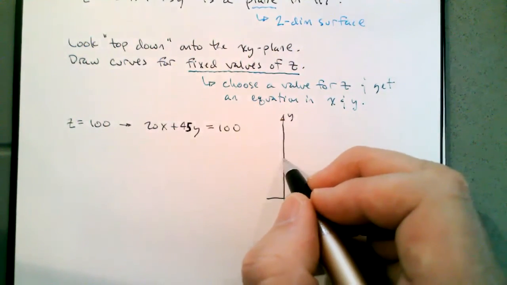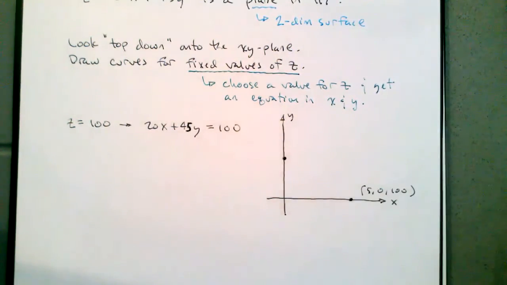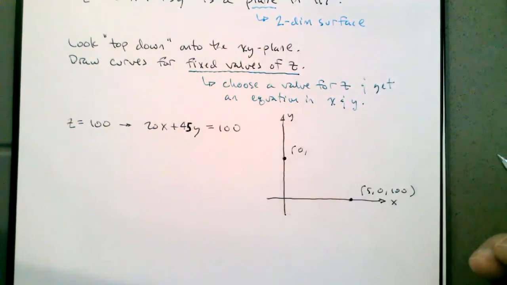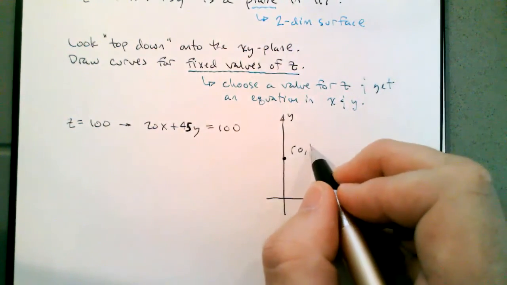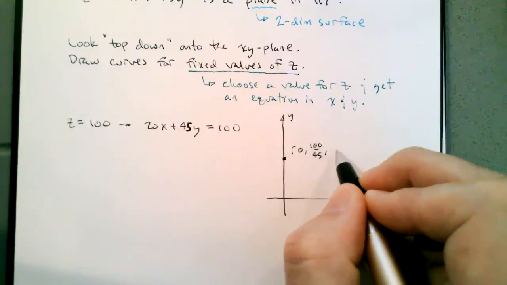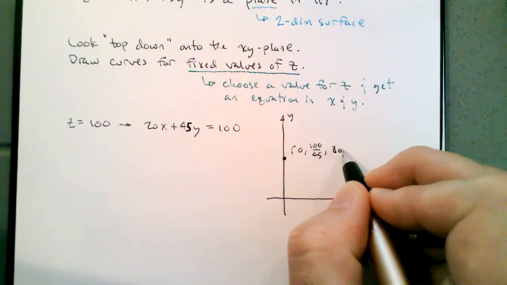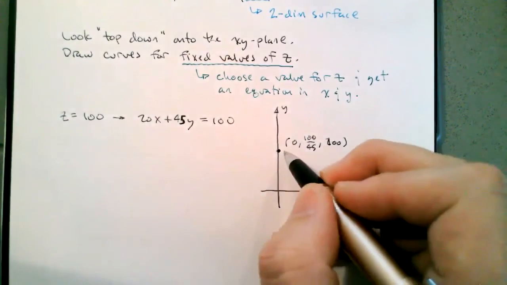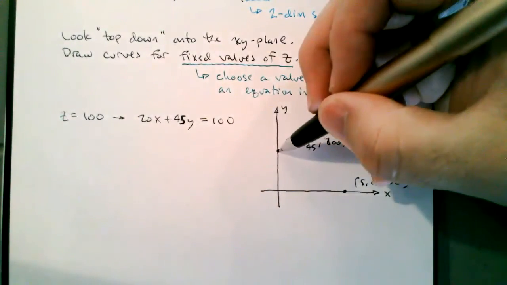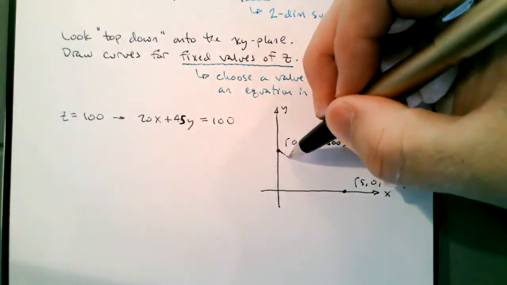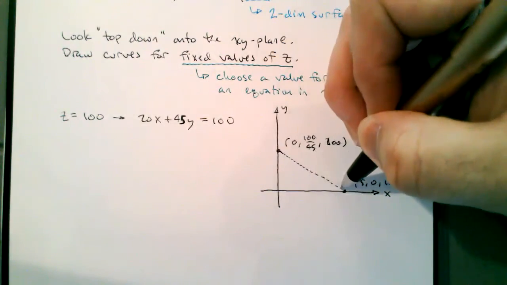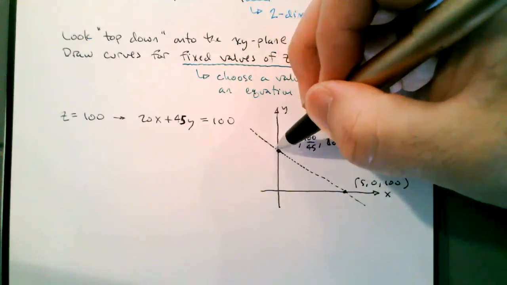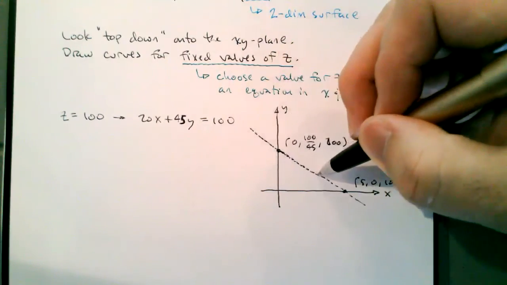So when X is 0, Y is 100 over 45, and Z is still 100. So Z is 100 all along this line.